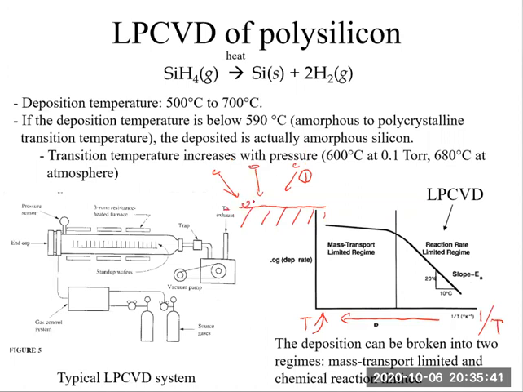Then on the surface, a chemical reaction occurs. So that's step 2. Step 2 occurs on the surface. And these 2 steps, or these 2 processes, occur in series. So the overall rate is determined by the slower process. Whichever is slower will determine the overall rate.